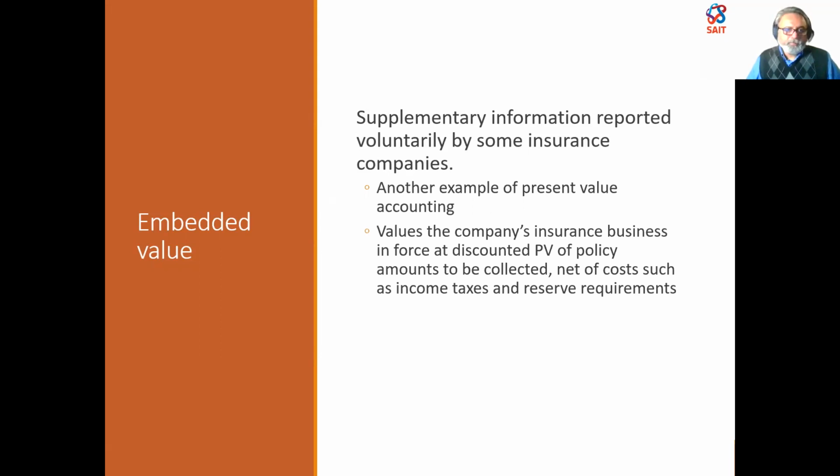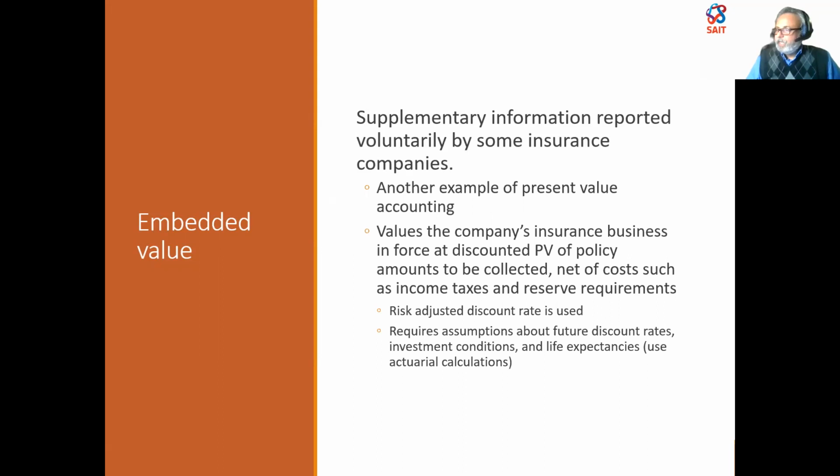So here the amounts that the insurers provide would be the policy premiums that the insurers will be collecting, net of reserve requirements and income taxes, and actuarial assumptions used in terms of how long the parties to whom policies have been issued are expected to last.